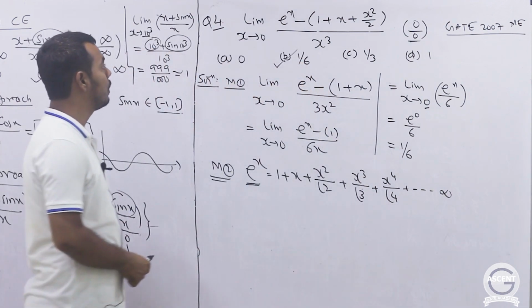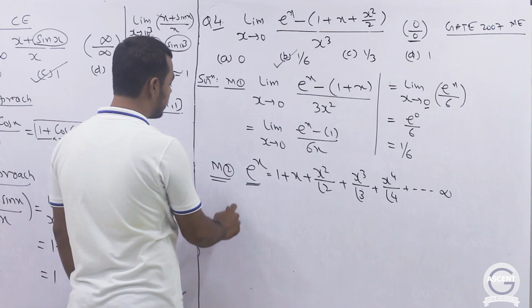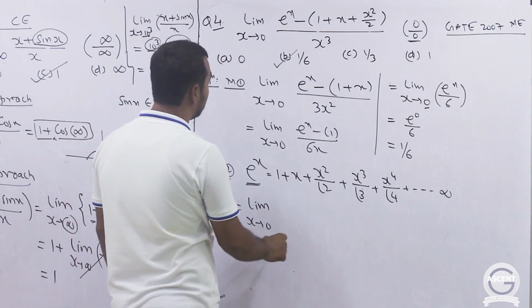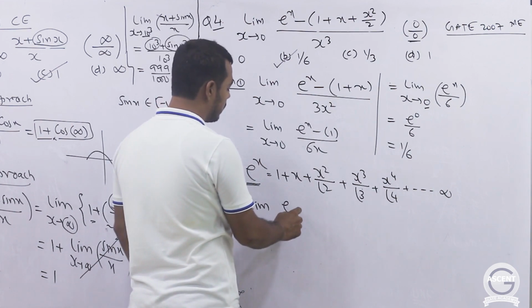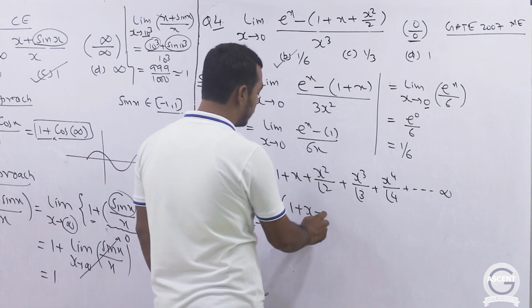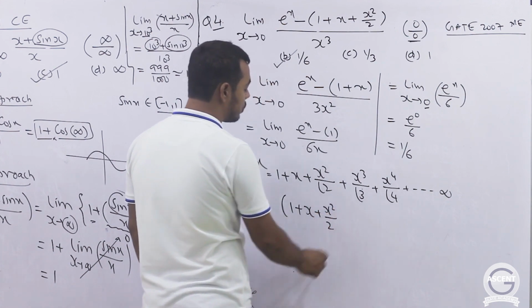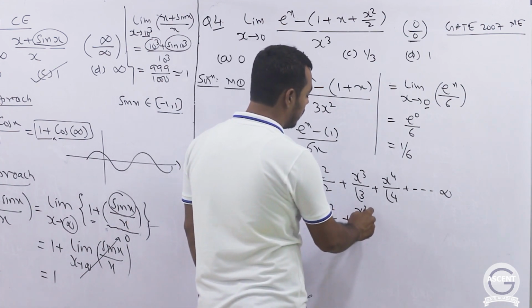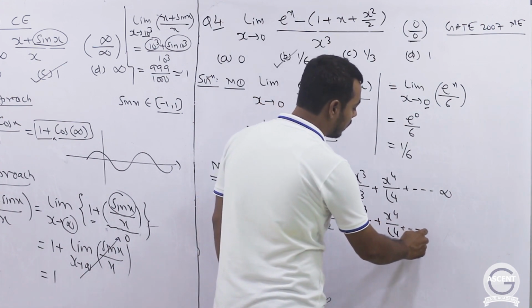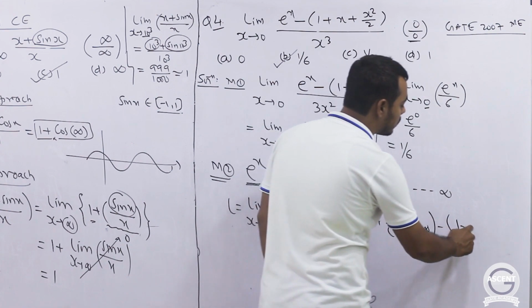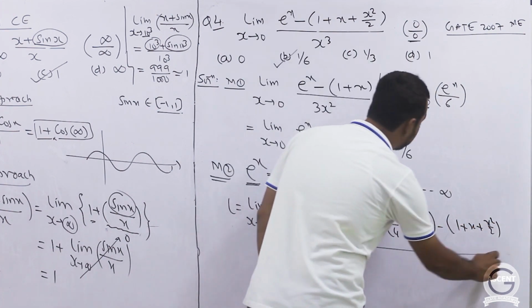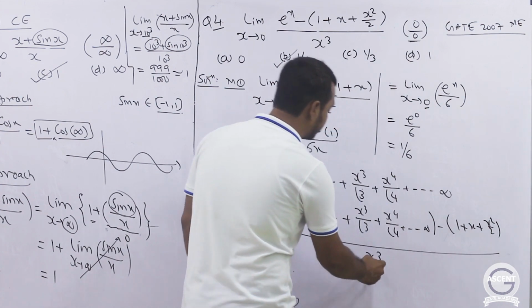So now if I want to find the value of this limit, I can write this as limit x tending to 0, and in place of e to the power x you can write this expression. So 1 plus x plus x square by 2, x cube by 3 factorial, x to the power 4 by 4 factorial up to infinity, minus 1 plus x plus x square by 2, and this divided by x cube.